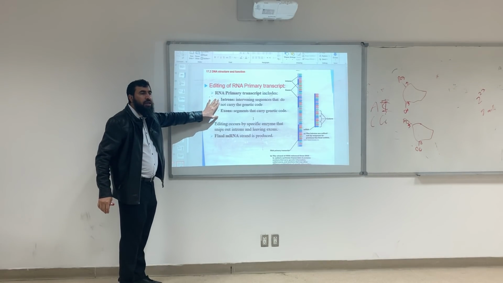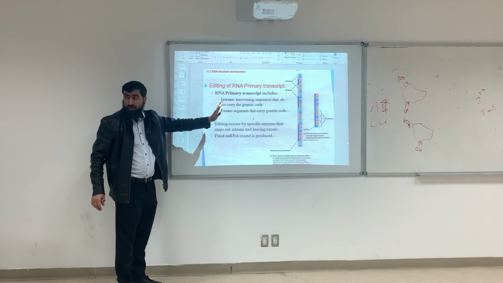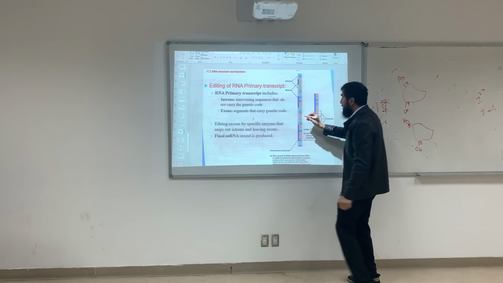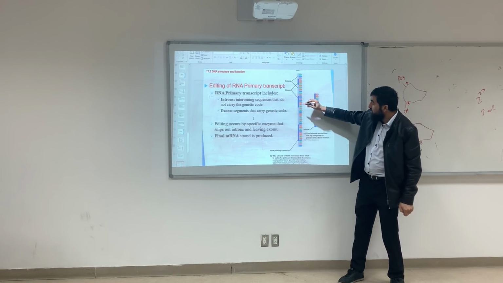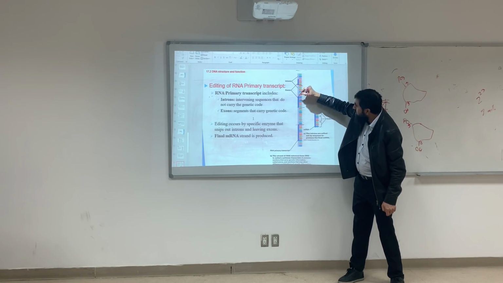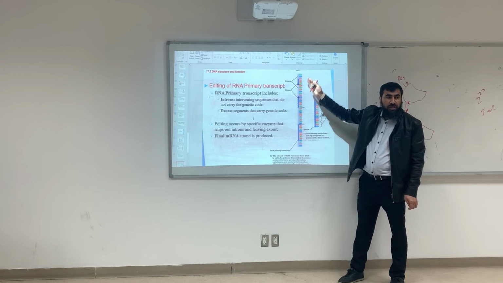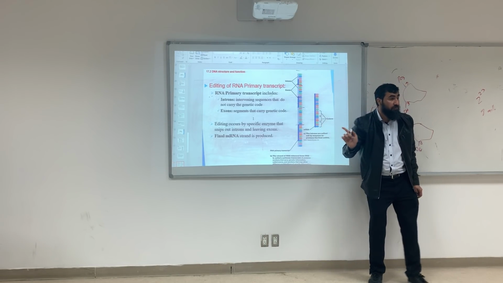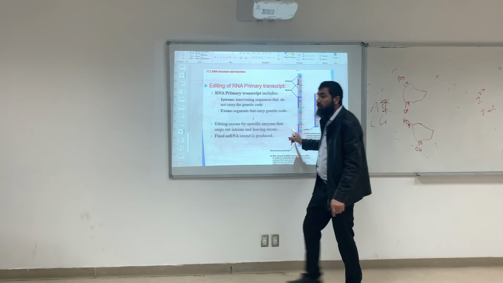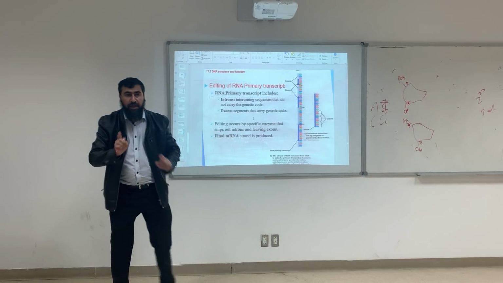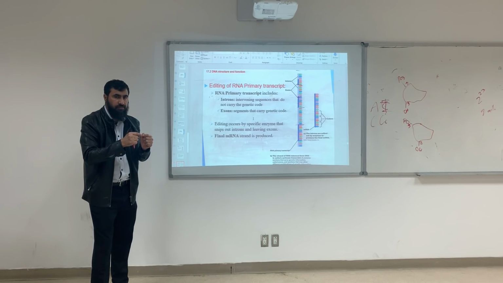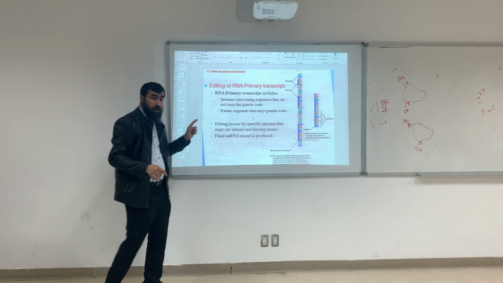This is very important to understand, so have your attention here. The primary RNA transcript has introns and exons. These need to be processed before it can be translated. The introns are removed and the exons are joined together.